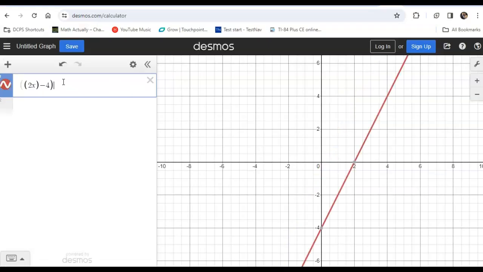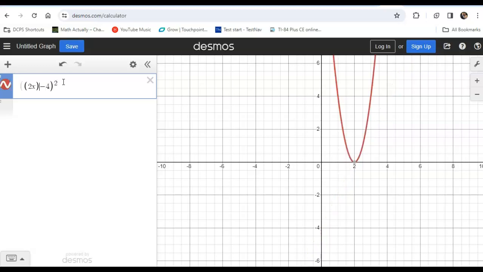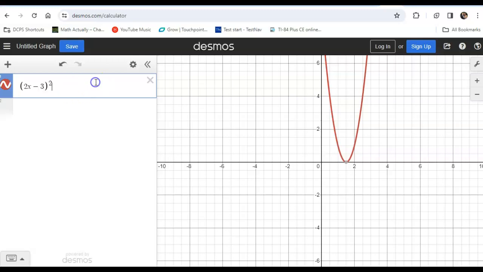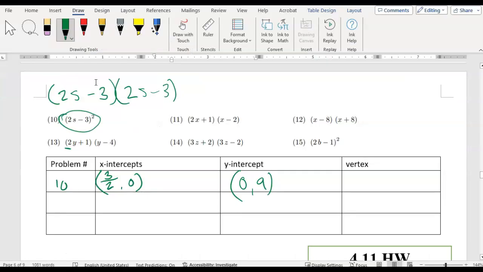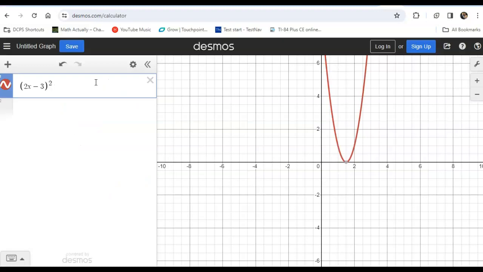2x minus 3. Did I do it right? I did. Okay. All right. So here we can see that 1.5, comma 0 is our vertex.